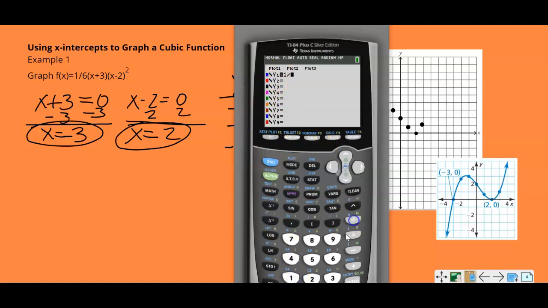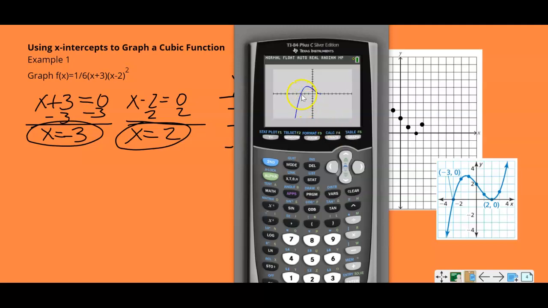So you can type this in exactly how it is. So 1/6 times x plus 3 times x minus 2, and then squared. And then if you hit graph, it's going to graph your cubic function.